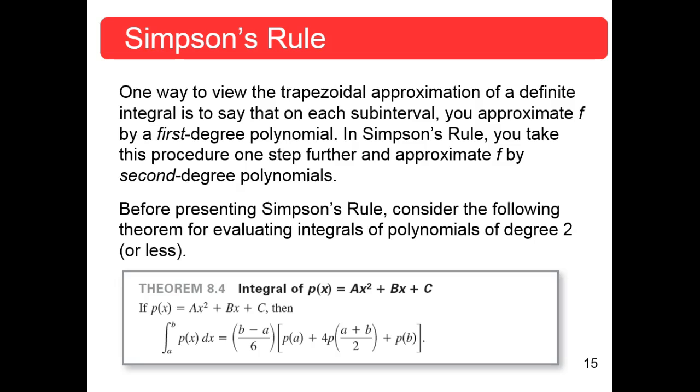Where in the world did they come up with that? Well, let's see. P of A is plugging in this value, and you'll have capital A times little a squared plus B times little a plus C. P of B would be capital A times little b squared plus B times little b plus C.